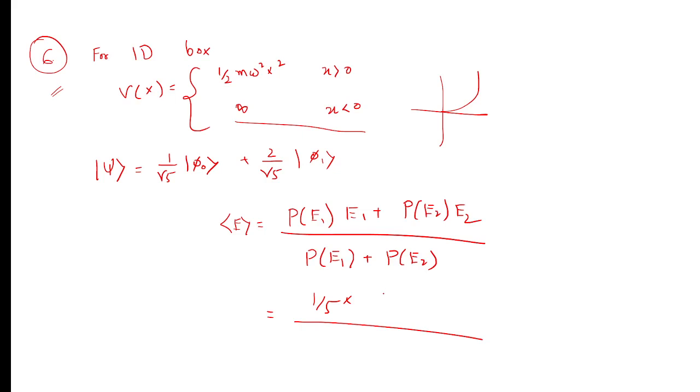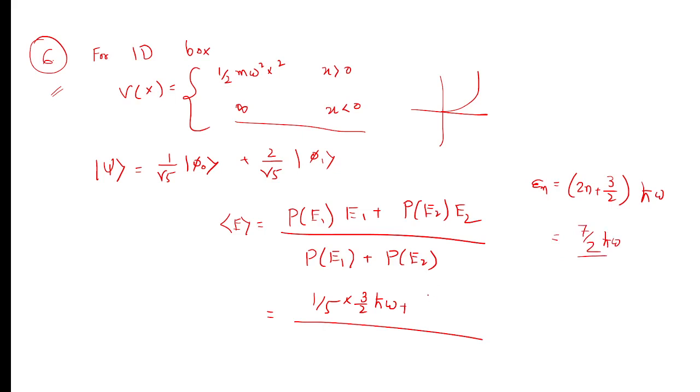The formula for the half oscillator is given by actually this. Let's put 0 first. So it's 3 by 2. And if we put 1, it's actually becoming 7 by 2. Fine.